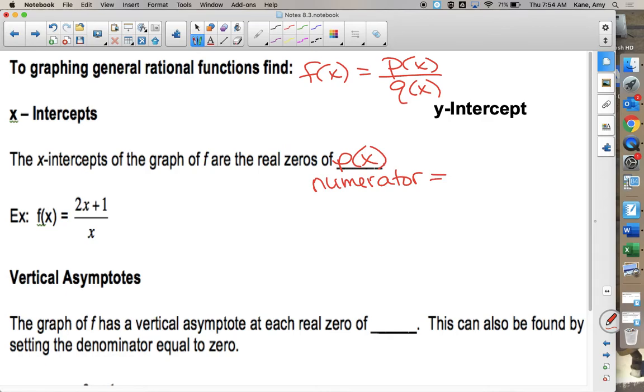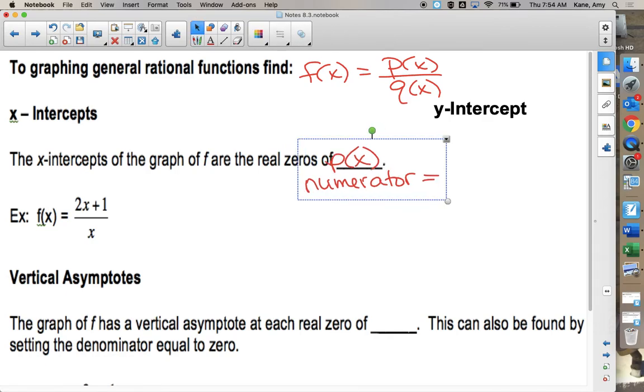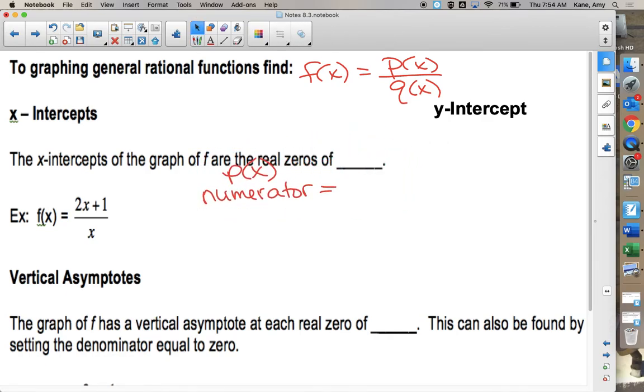We're going to find that by taking the numerator and setting it equal to 0. So an x-intercept is all the zeros, or the x values of the numerator. If we take the numerator and set it equal to 0, we can find the x-intercepts.